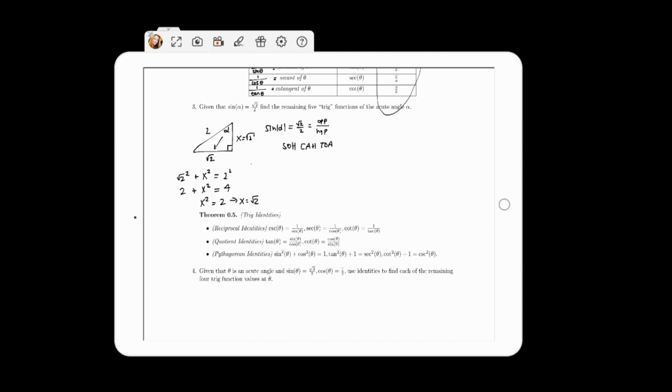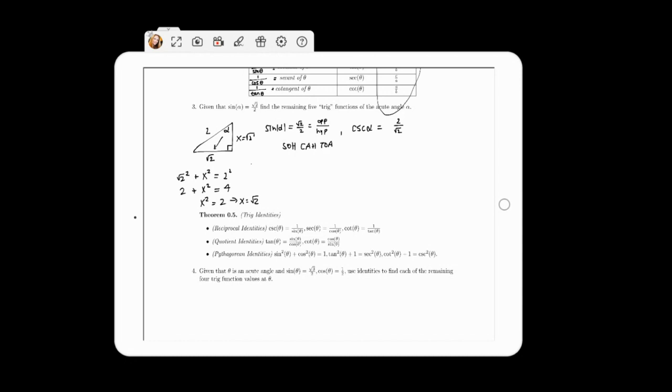And then remembering that because sine and cosecant are reciprocals, I know that the cosecant will be 1 over the sine. So whatever I got for the sine, it's the opposite for the cosecant.